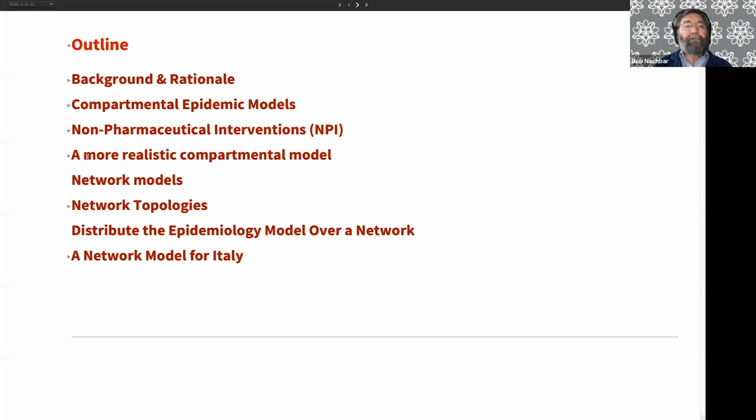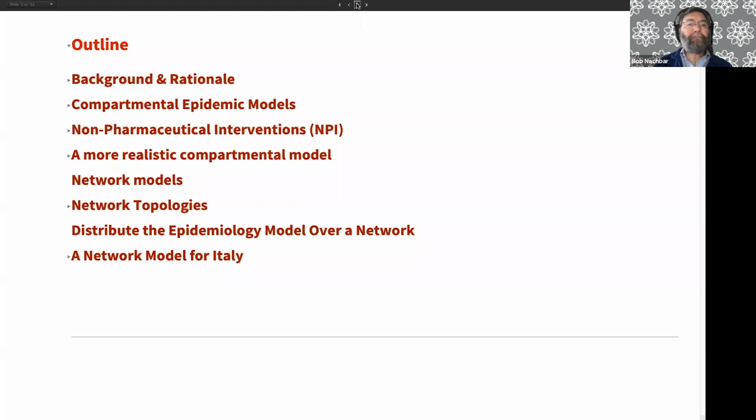I'll describe briefly a more realistic compartmental model that I've developed to better describe what's actually happening in the COVID epidemic. I'll talk about network models, network topologies, and then how we distribute the epidemiology model over a network, and then an example of doing that for Italy and the data for Italy.